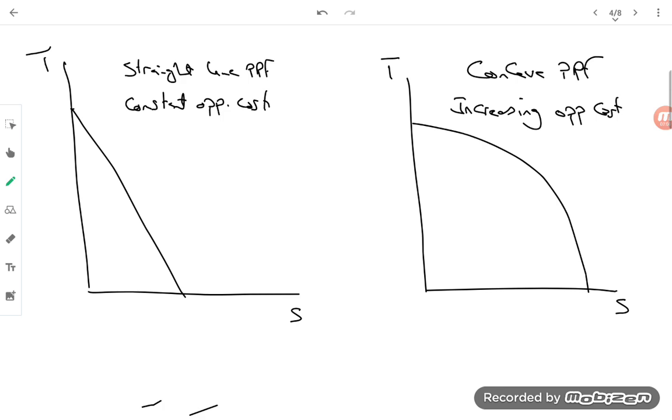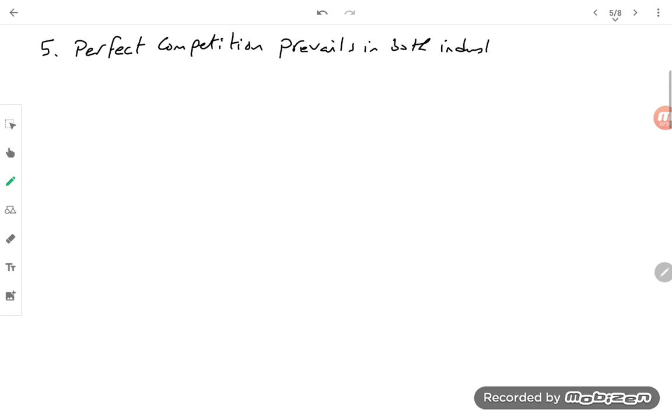Assumption number 5. Perfect competition prevails in both markets. What's meant by perfect competition? And what's the advantage of this assumption?